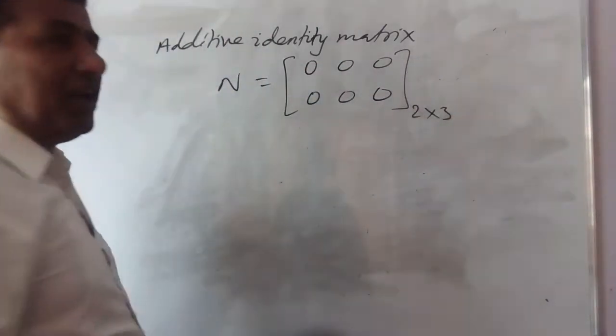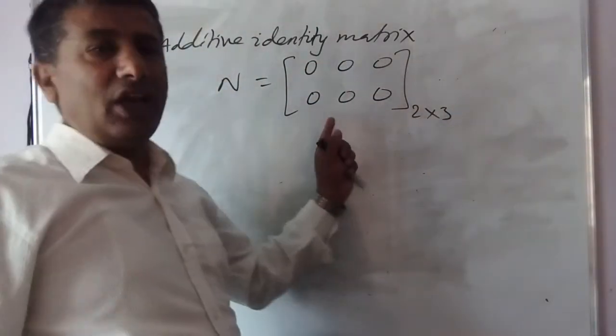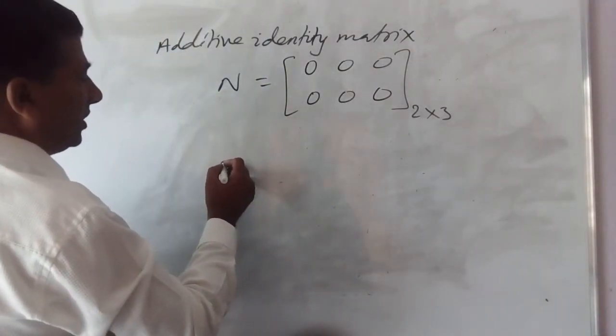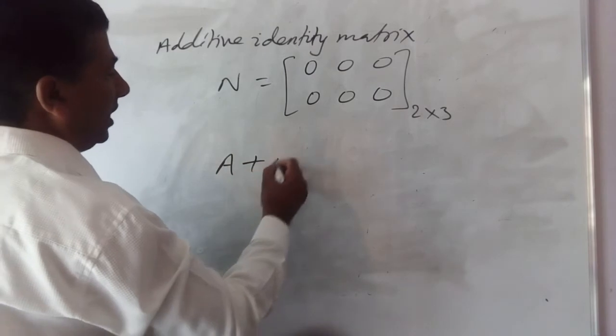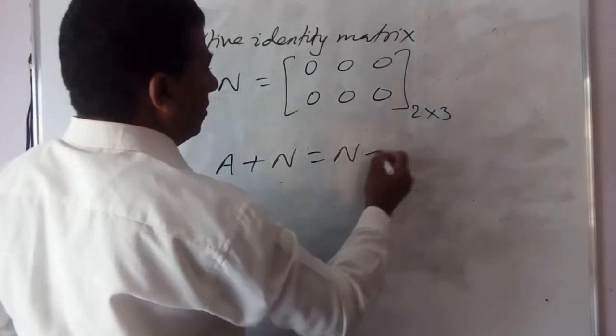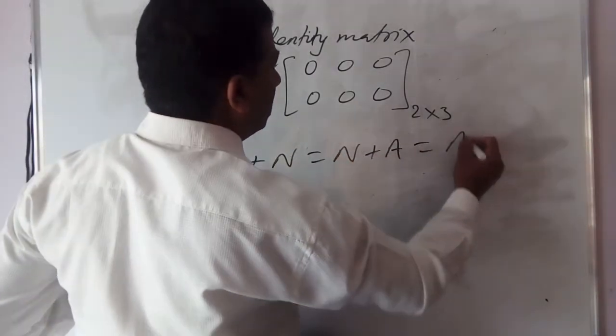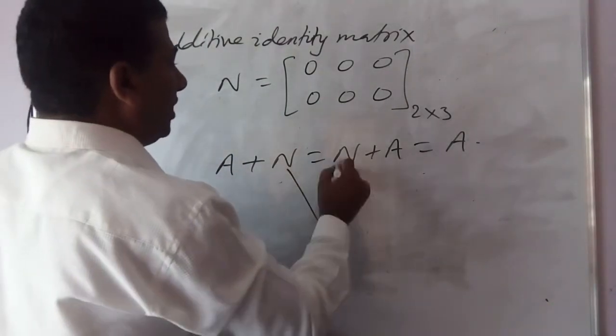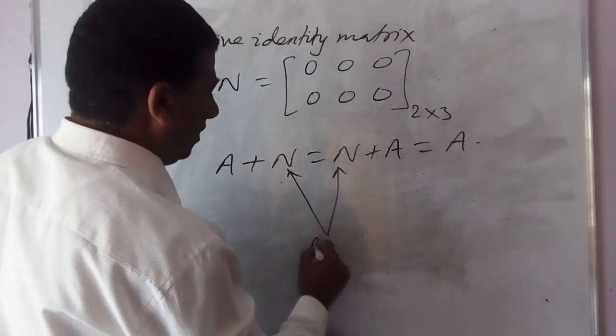Now additive identity matrix means 0, all the elements 0. Now what is the additive identity matrix? Now the definition is A plus N or N plus A always gives matrix A. Now this N is called the additive identity matrix.